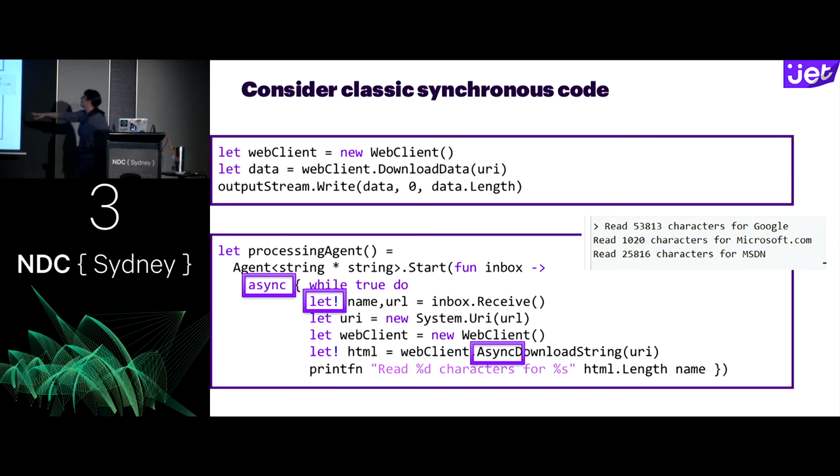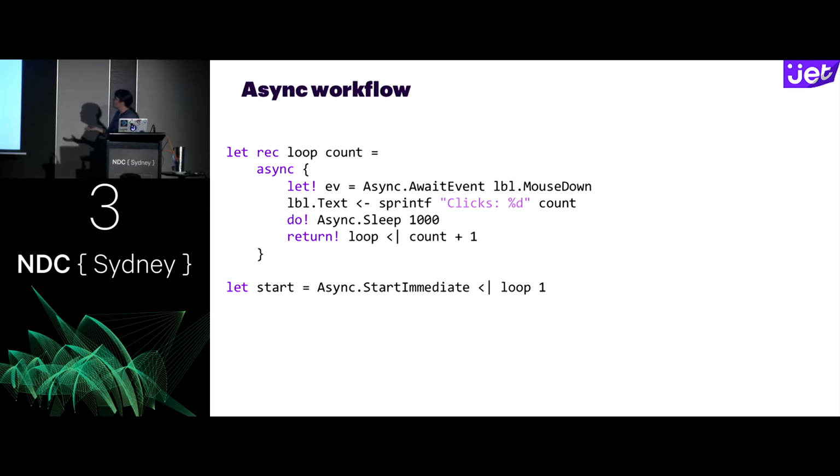And then what this would actually print out is, if we're Google, Microsoft, and MSDN, then those are sample numbers that we would be looking at. So within an async workflow, we'll have a recursive loop around this, and here we're awaiting an event so that we can grab these clicks.